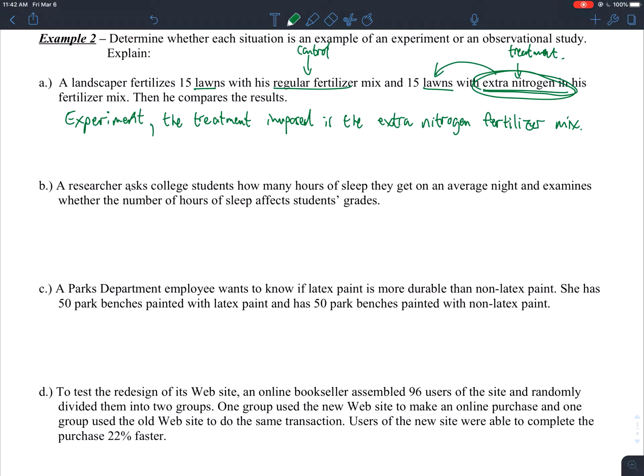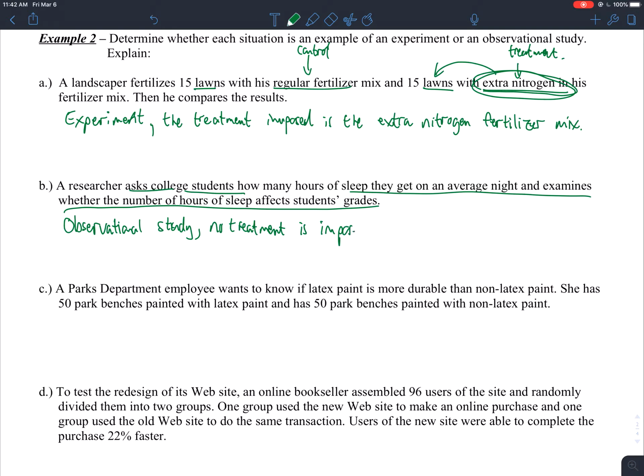A researcher asks college students how many hours of sleep they get on an average night, and examines whether the number of hours of sleep affects students' grades. Definitely an observational study. No treatment is imposed. We simply ask the students what they're already doing.